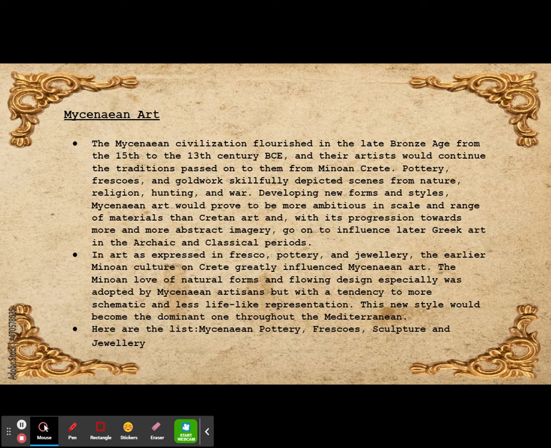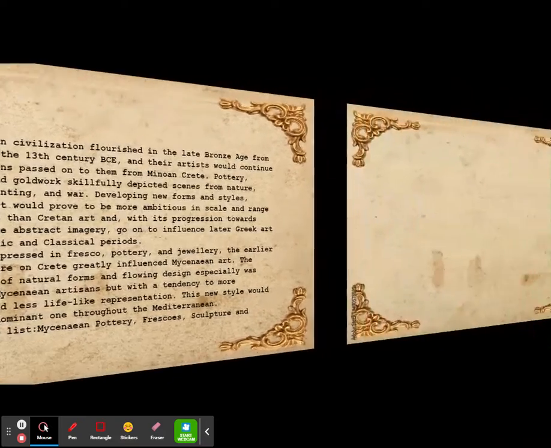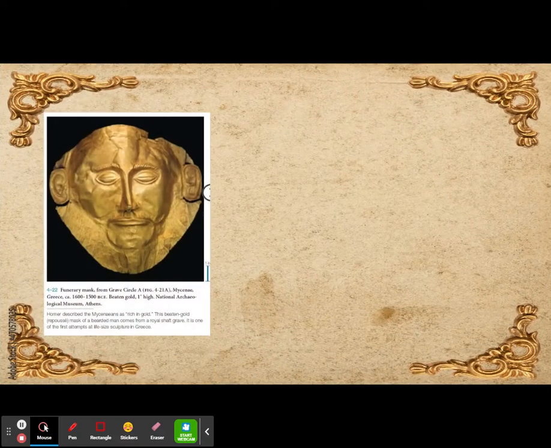And so some artists will continue on still passing on from the previous Minoans, of course using pottery, fossils, and gold work, but going to the next level. Nature, religion, hunting, and of course war, because of that time. And this is a good example, I believe, of what I mean.